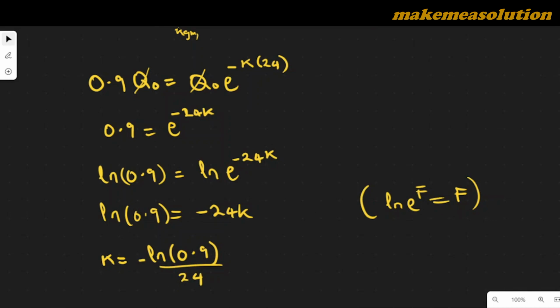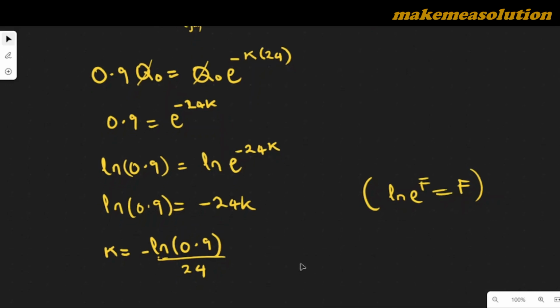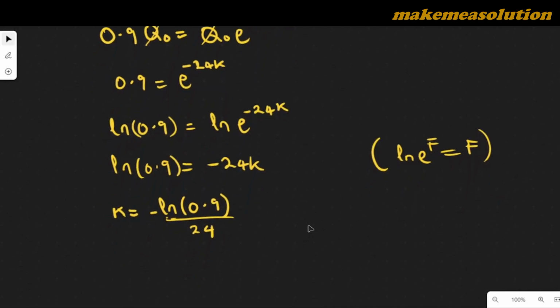Don't forget your minus sign. So K is negative ln 0.9 over 24.